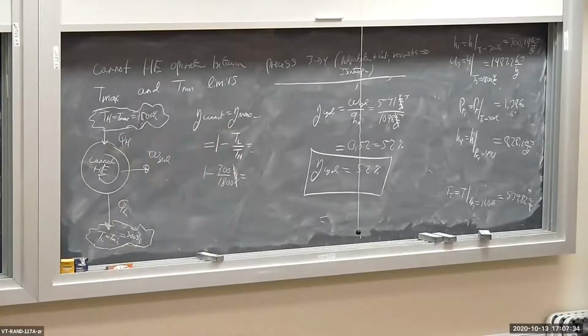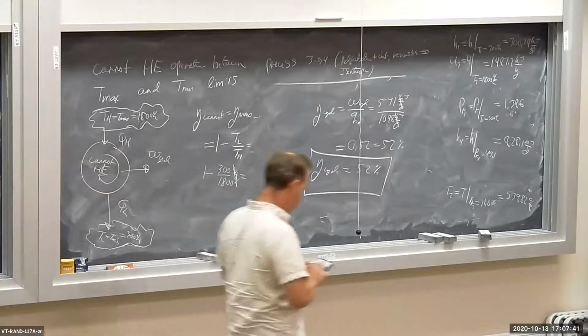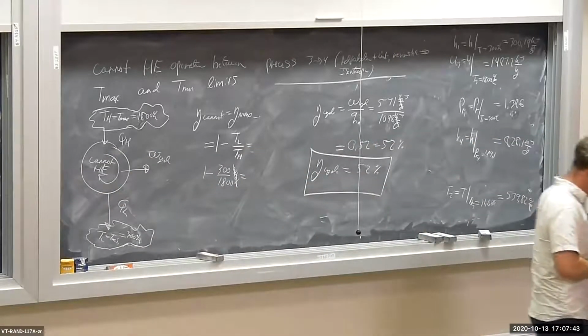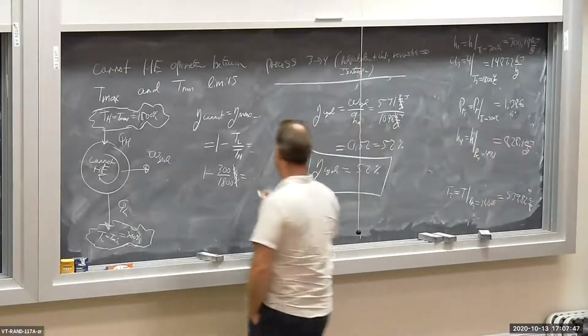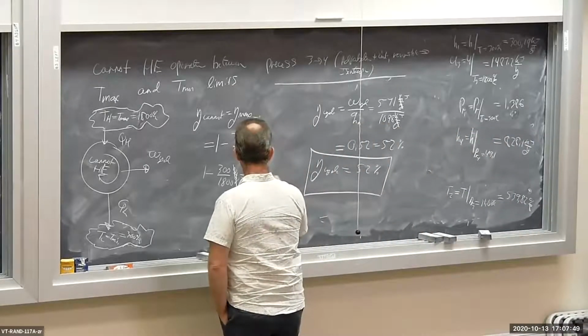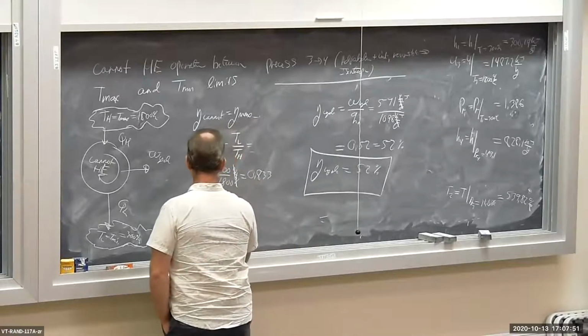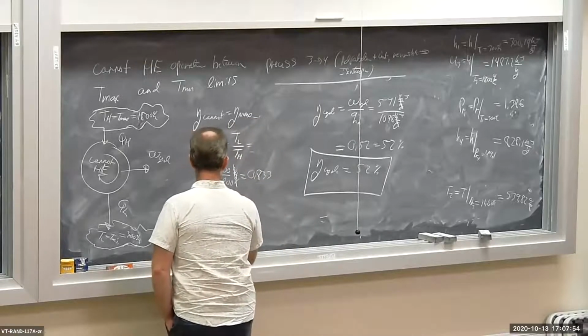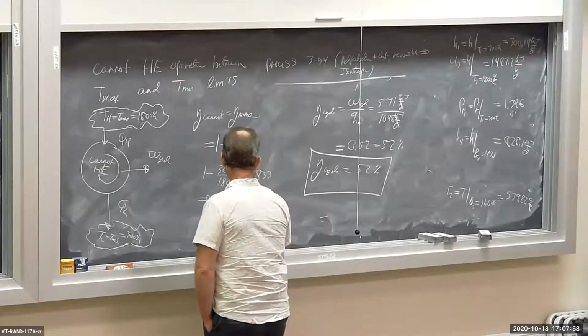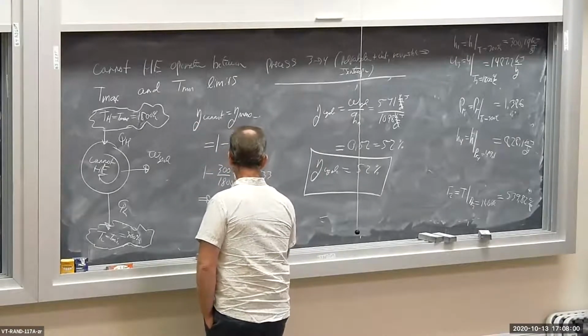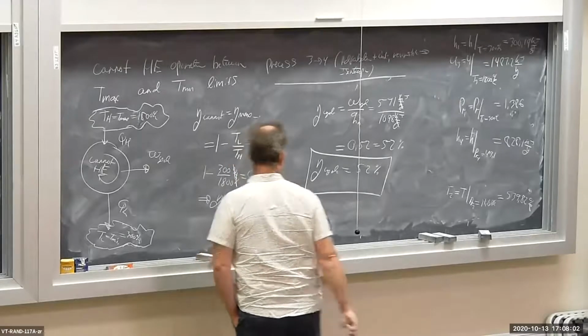That's 0.833, or eta max, eta Carnot, if you like, which is 83.3%.